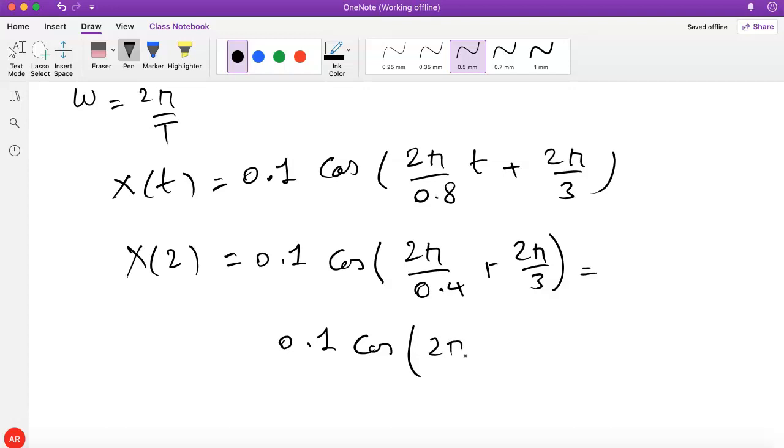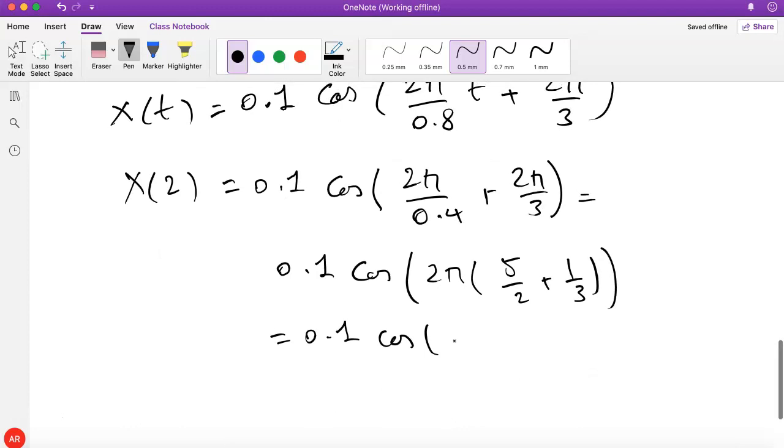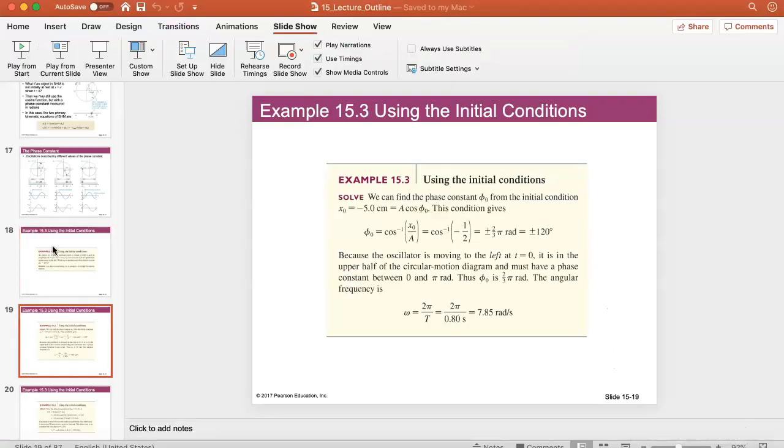So it's going to be 2 pi times 5 halves plus 1/3, which is, the denominator is 6, and then in the numerator we have 17, something like this. And that's in meters. Okay, so let's go back to the solution and see how it works, to see the actual numbers.